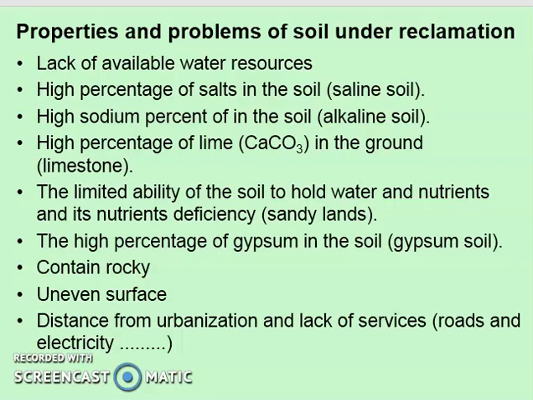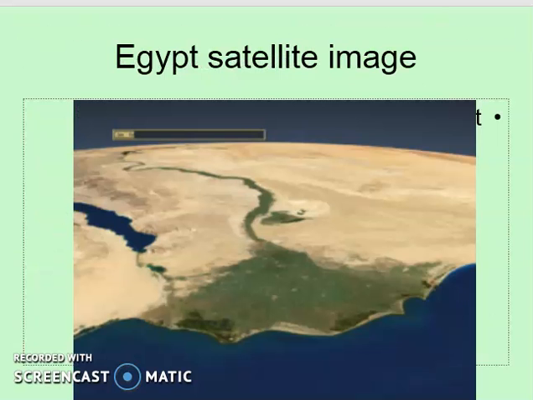If you look at the map of Egypt here, you will see that all the area of Egypt is desert, with the exception of the areas around the Nile River and Delta. Why here? Because there is fresh water from the Nile. Here there is no available fresh water, so all of the land is a huge desert.